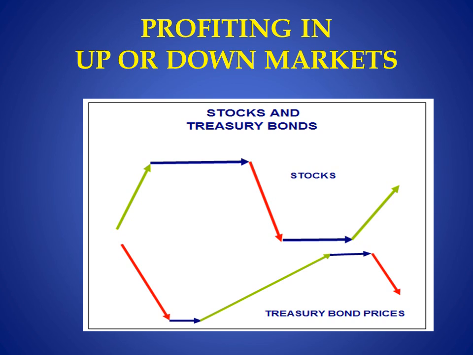Okay, how do we increase the probability of always being invested in the right asset class? Well, what this chart is showing, as you can see, is all the arrows at different lengths. When you perceive that the stock market is not going anywhere, this is the time you start investing in bonds. You are invested in the bonds because bond prices go up.